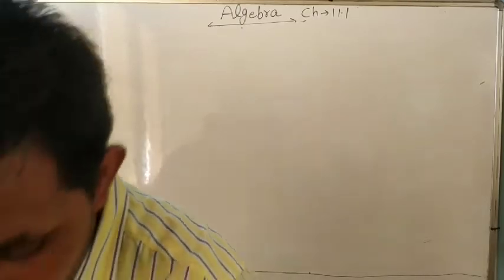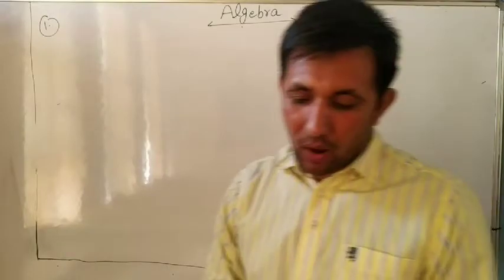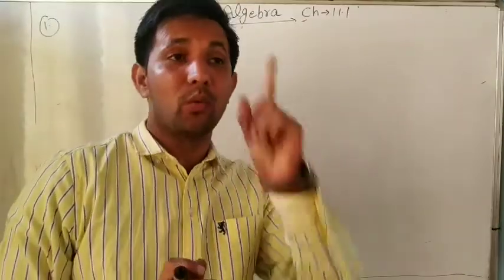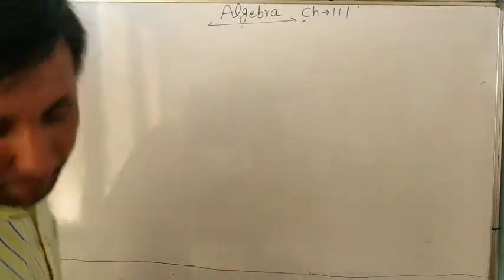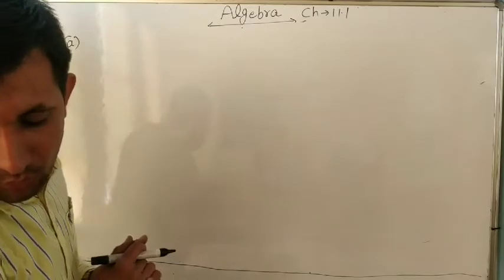So the first question of 11.1. Find the rule which gives the number of matchsticks required to make the following matchstick pattern. Use a variable to write the rule. So first is the a part, all are very simple, you can do yourself.